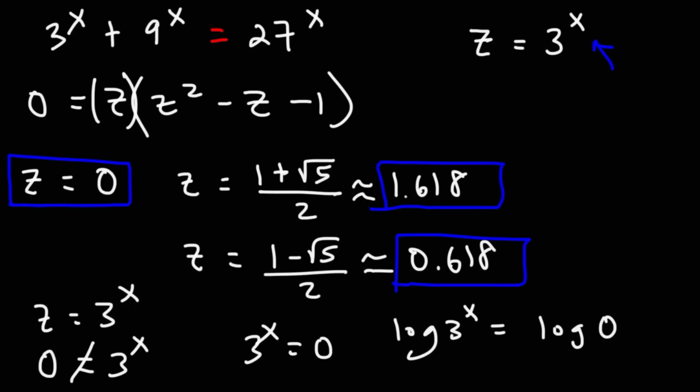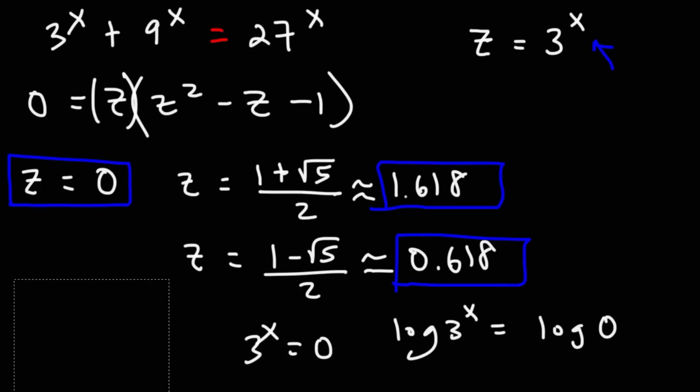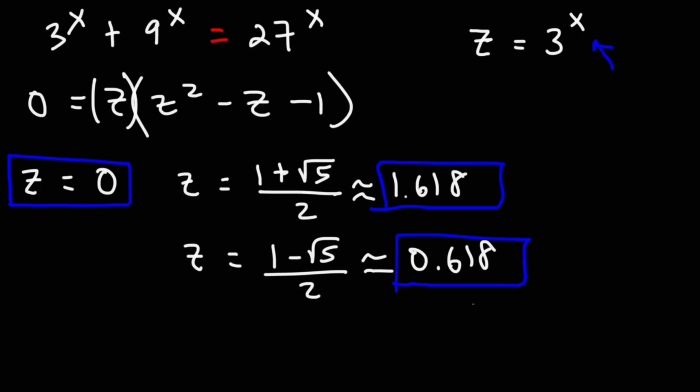This is not going to work either. If you type in log 0, the calculator will give you an error. So there's not an exact x value that we can plug in to get 0. We can get close to it when x goes to negative infinity, but we can't really get a 0.